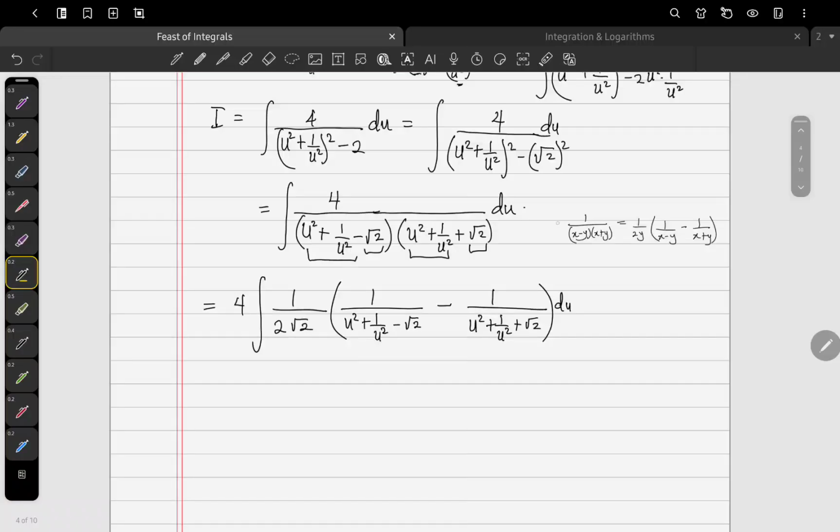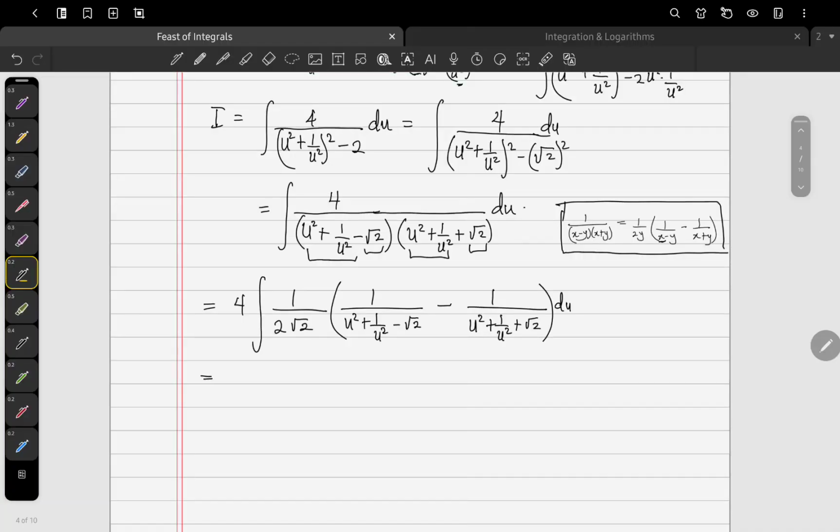So what have I done? I've only applied these results instead of having to decompose it all over again. So that is the usefulness of what we did earlier on. So x is our u squared plus 1 over u squared, and our y in this case is square root of 2. Beautiful. So since we've gotten that, we can actually pull out the 1 over root 2.